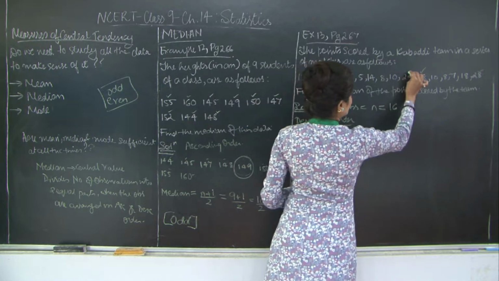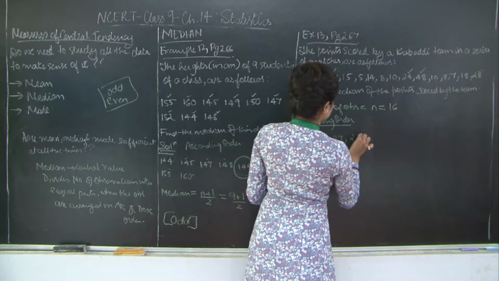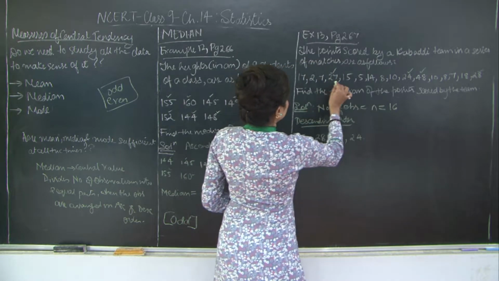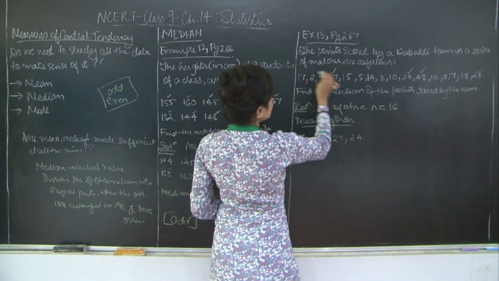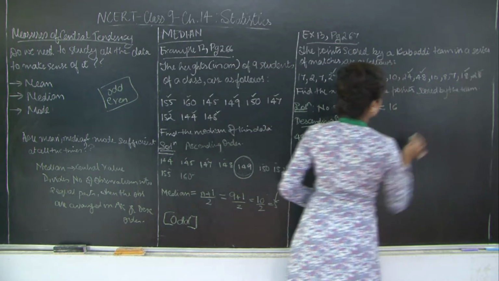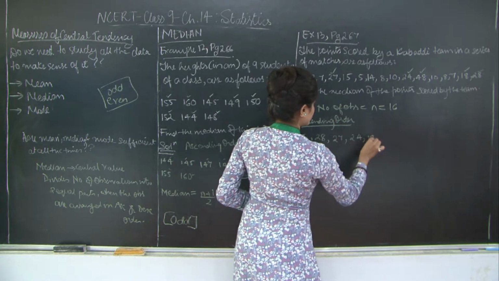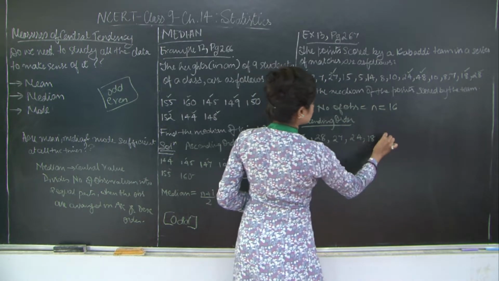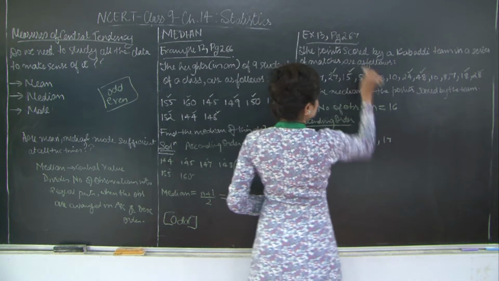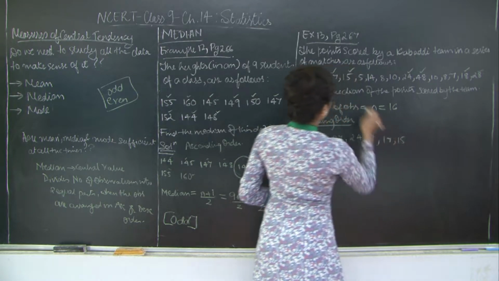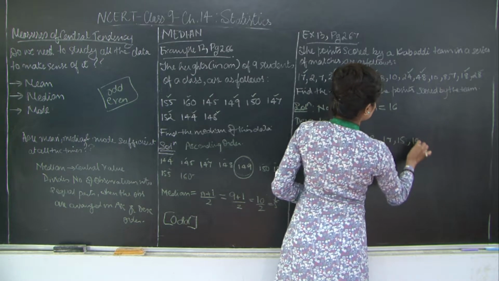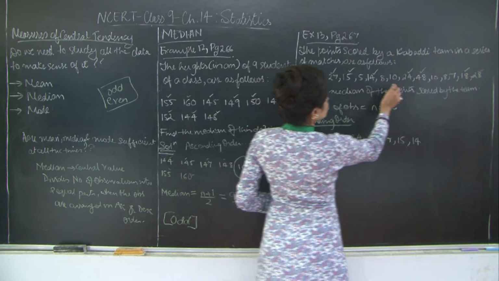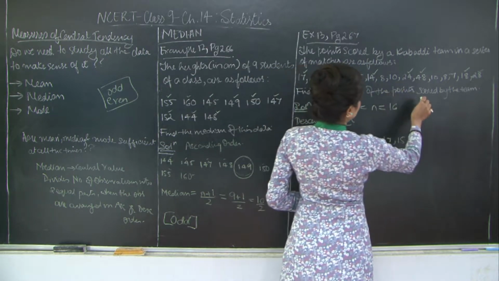Then we have 24. Then after 24 we have 18. Then we have 17. Then we have 15. After 15 we have 14. Then after 14 we have 10 and 10.